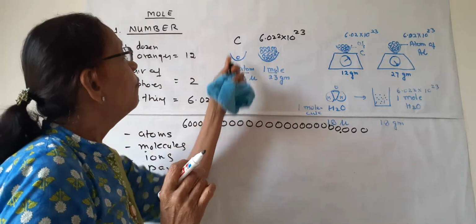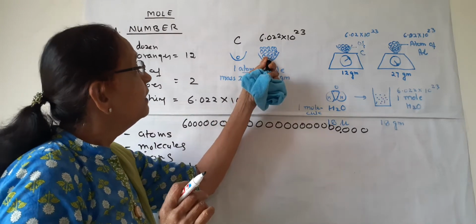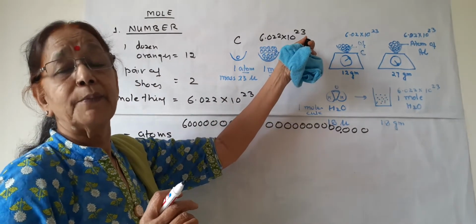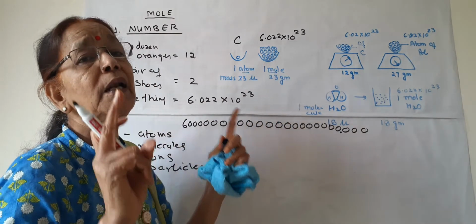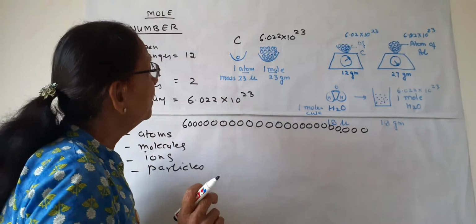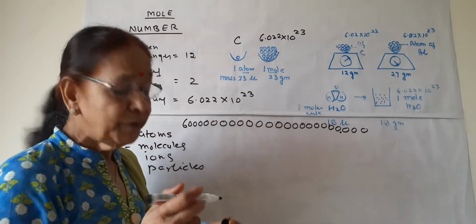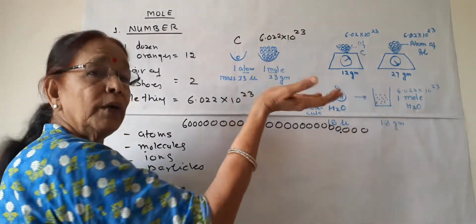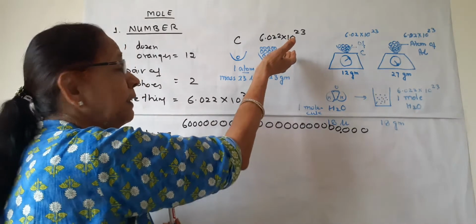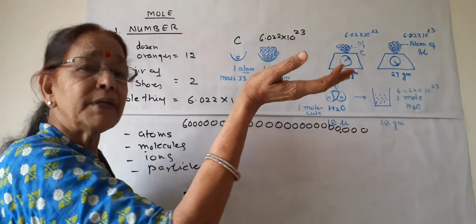In this bowl, 1 carbon atom is there. In this bowl, so many carbon atoms are there. So many carbon atoms will form 1 mole. Now if we talk about the mass of this mole, this is the number, one thing, so it may have some mass. When it is a particle, it has some mass.